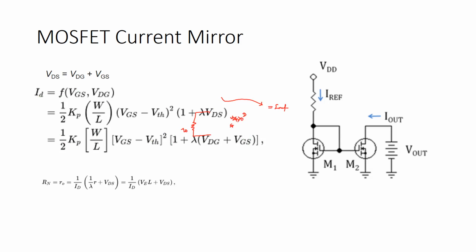That means the lowest output voltage that results in the correct mirror behavior, which is called the compliance voltage, should be equal to VGS for the output transistor to keep the output current level with VDG equal to 0.